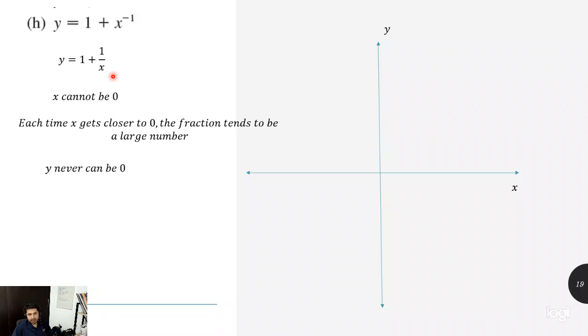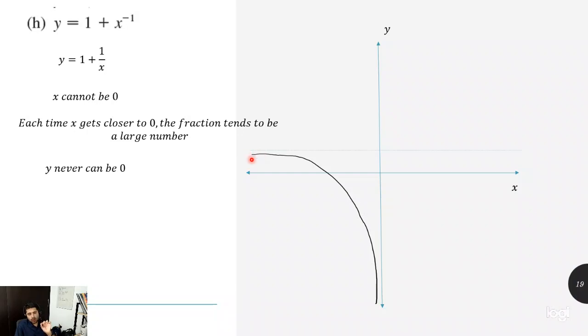The other thing we can know here is that y can never be 0, which is related to the number 1, right? So we create an asymptote at 1. Then when x goes to a huge negative number, we get this value so small.